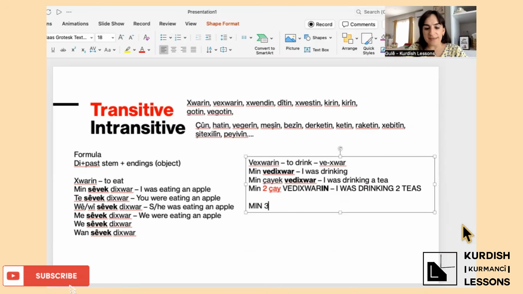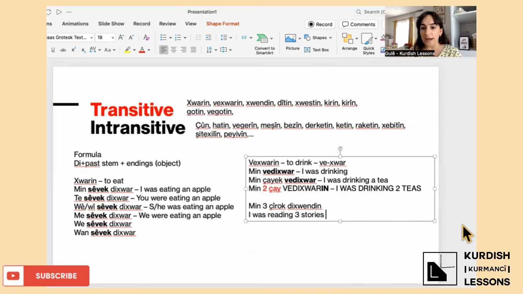I was reading 3 stories, okay? Here, there is n at the end because the object is plural.